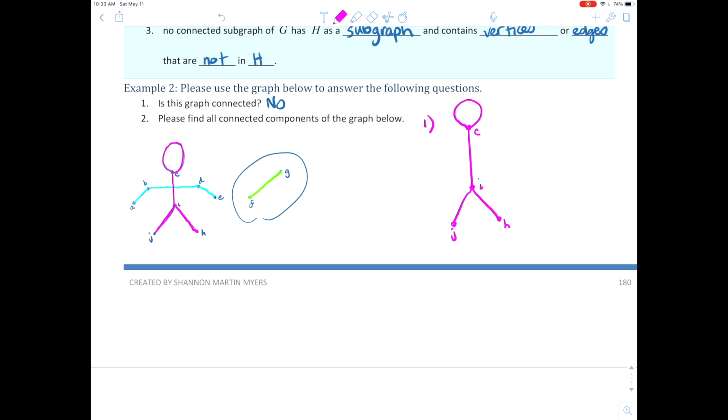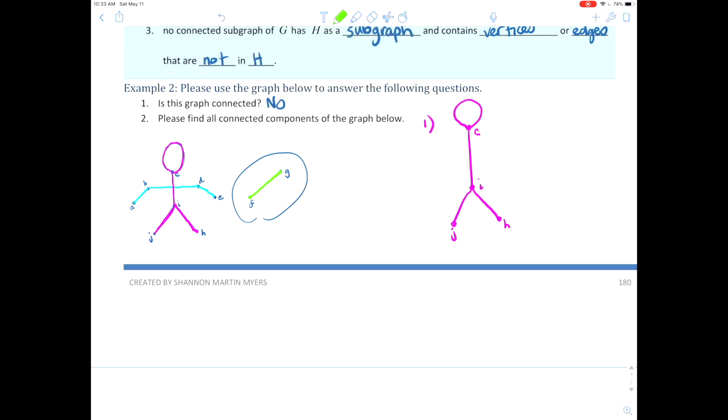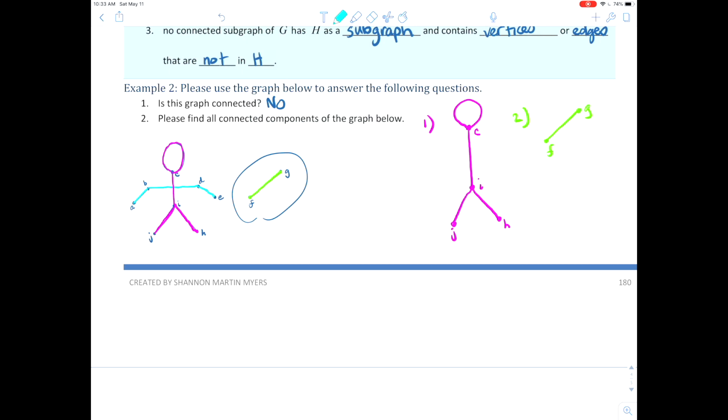Number 2 we can look at was F to G. It doesn't matter which order you do them in. And number 3 was this A, B, D, E portion.